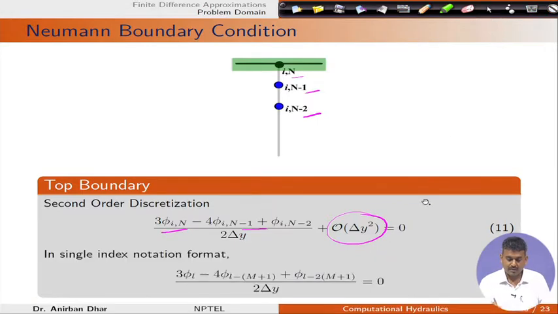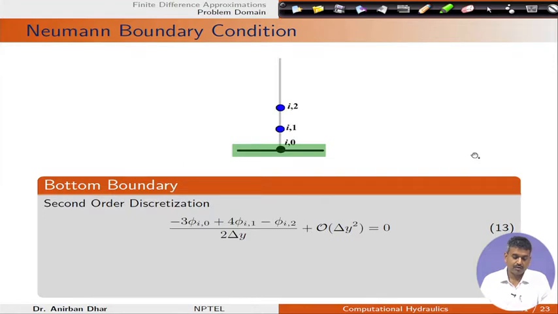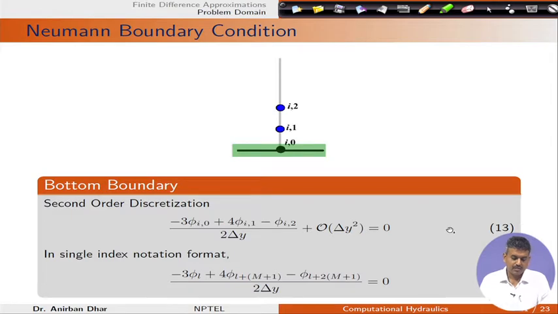With this information, we can use the single index notation to represent it, and directly use this as the equation for matrix form. Similarly, this is for the top boundary; for the bottom boundary we can use 0, 1, 2 points, and use the single index notation to represent the boundary condition.